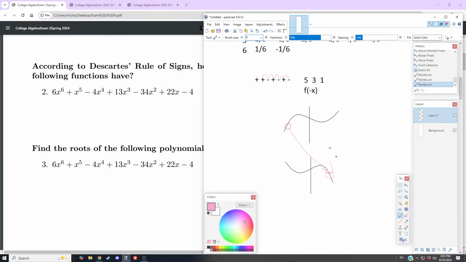And then we could use Descartes' rule of signs on this flipped graph to find the positive roots of the flipped graph, which would then be the negative roots of the original graph. Okay.